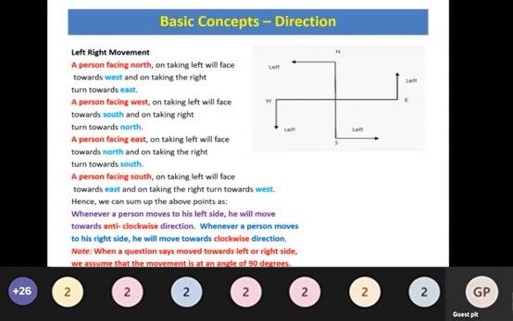That means north to east, or east to south, or south to west, or west to north, the main directions. Otherwise, it will be indicated specifically in the problem, for example north to northeast, where we assume it is a 45-degree rotation. Otherwise, when a question says move towards left or right side, we assume that the movement is at a right angle of 90 degrees.